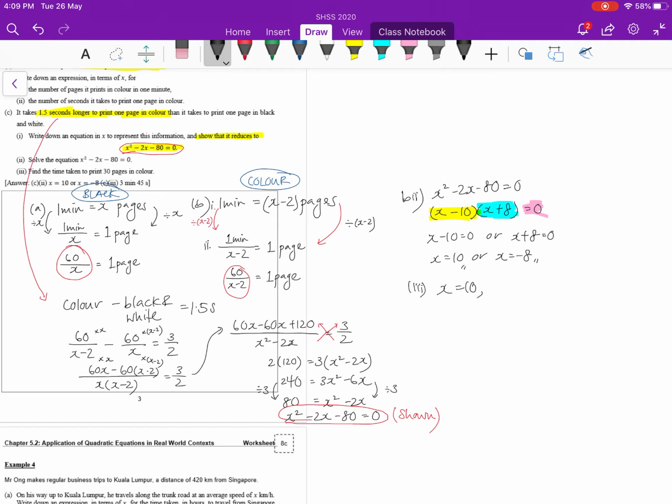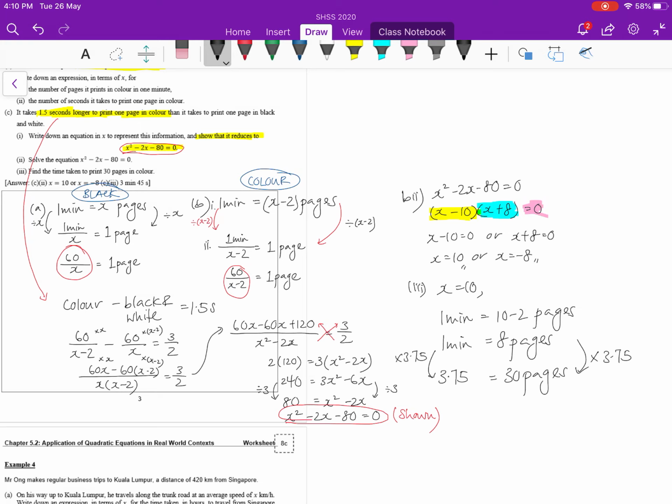Let's do color. Color in 1 minute is x minus 2, which is 10 minus 2 pages. So in 1 minute, it will be able to print out 8 pages. I want 30 pages. So to get 30 pages, I multiply by 3.75. From here, I multiply by 3.75.